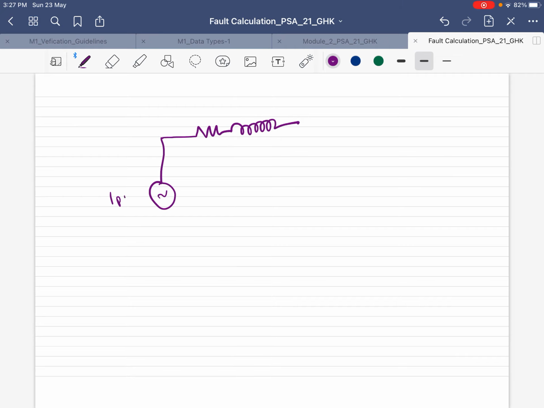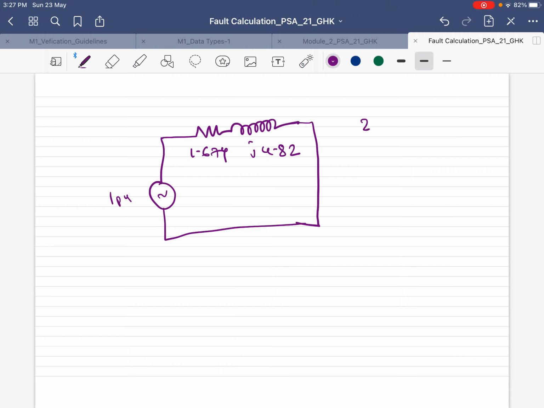It is 1 per unit. Here a short circuit occurs. The total impedance that we are getting here is 1.674 plus J 4.82.